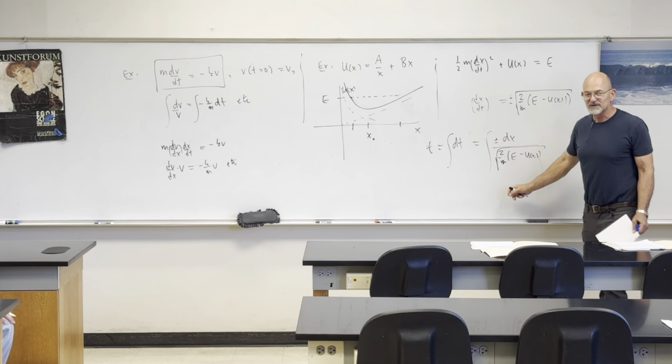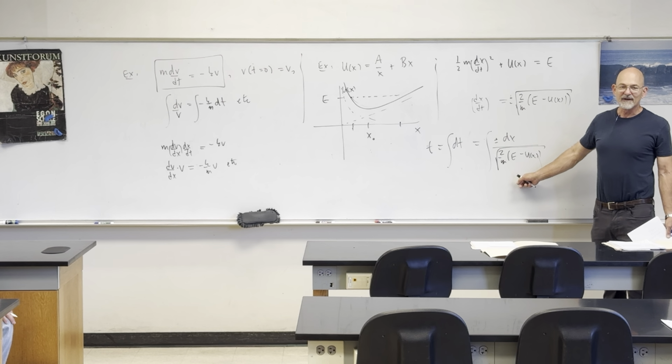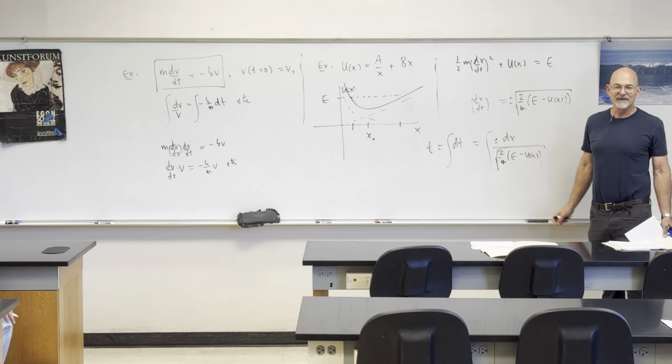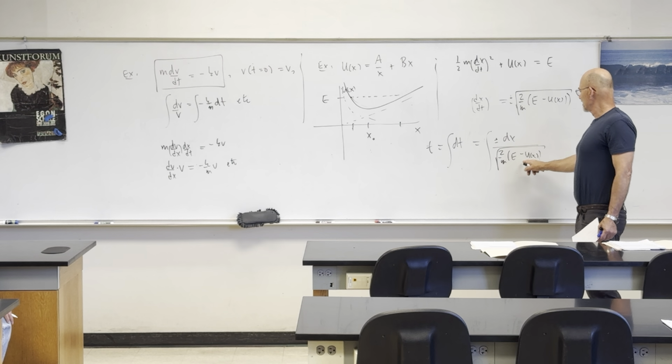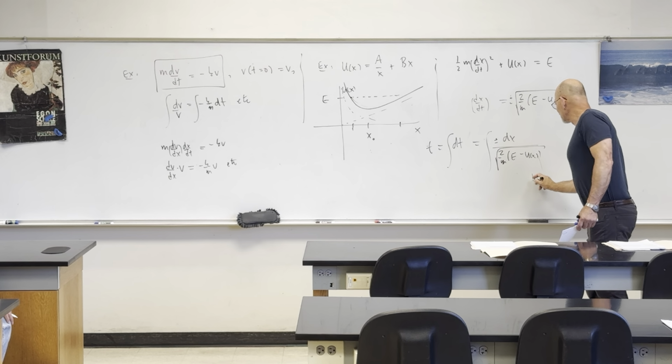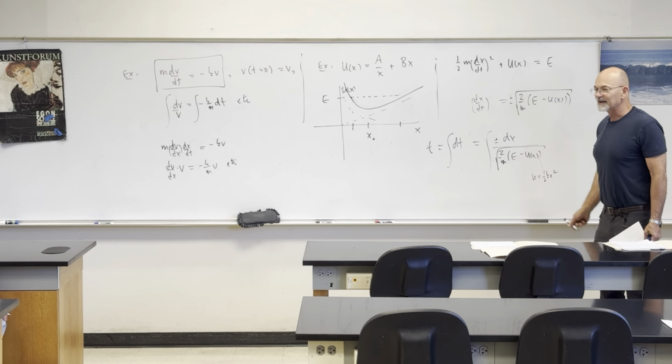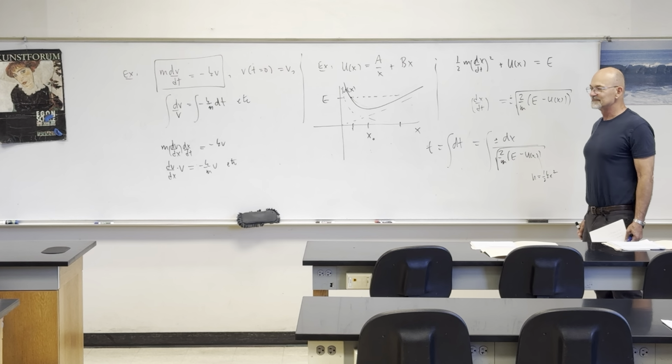You guys remember what function this was for the harmonic oscillator? What did the integral turn into? So we had a half, if U equals a half k x squared, the integral turns into the inverse cosine.